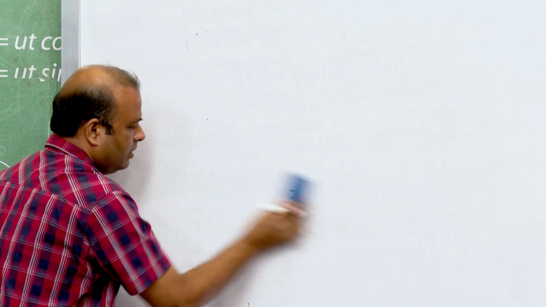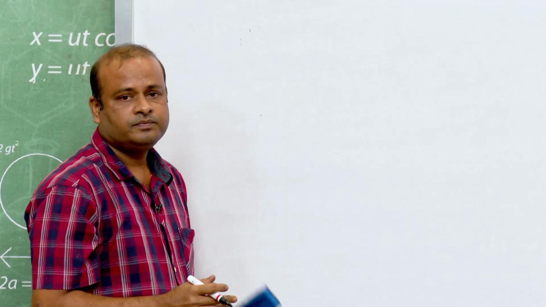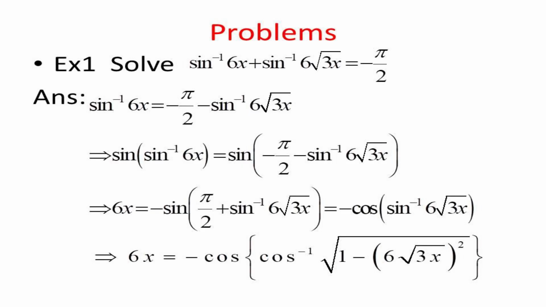So consider the problem based on the formulae. Solve: sin inverse 6x plus sin inverse 6 root over 3x is equal to pi by 2, meaning find the value of x. You have to solve, means you have to find the value of x.